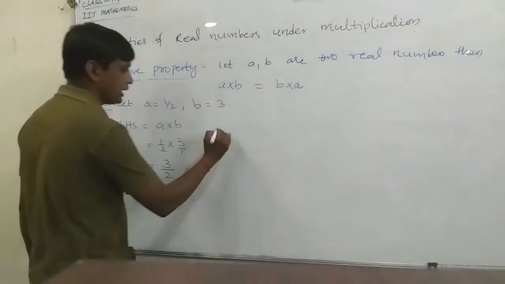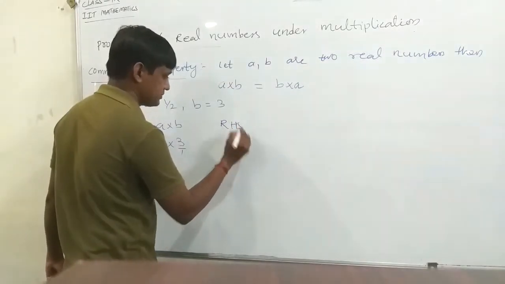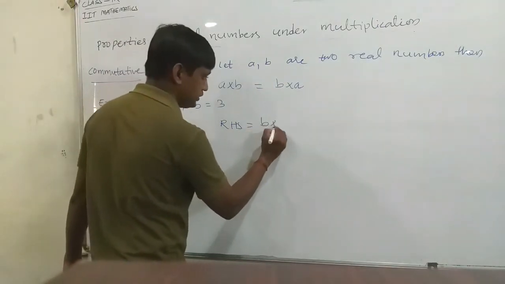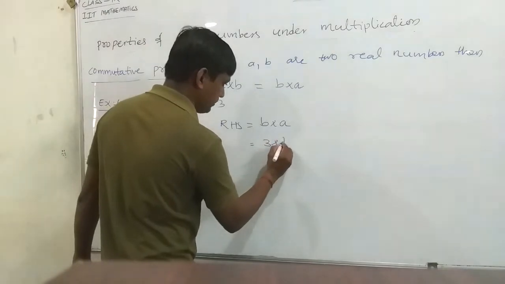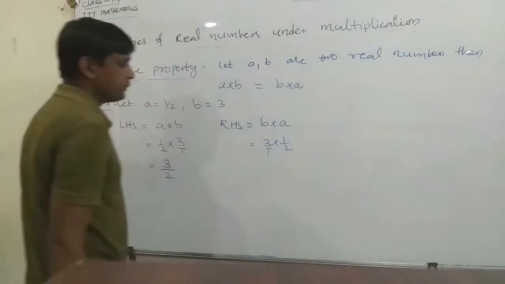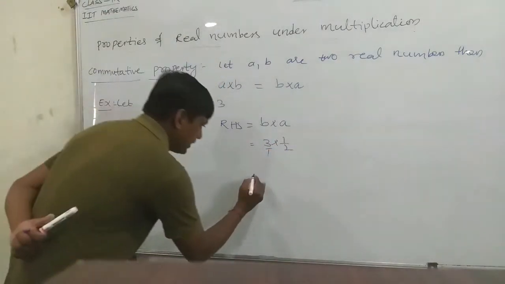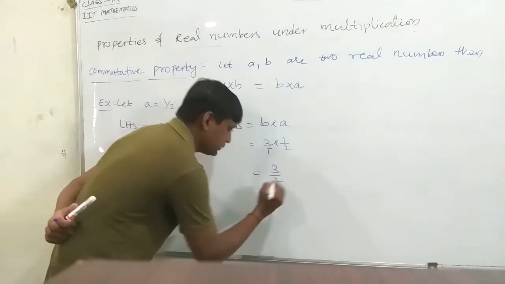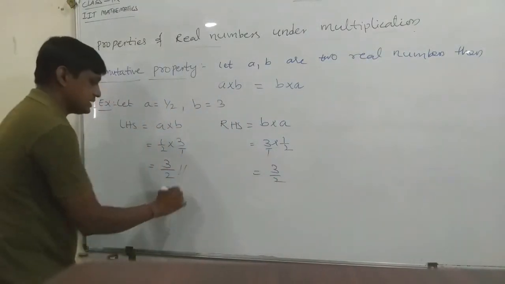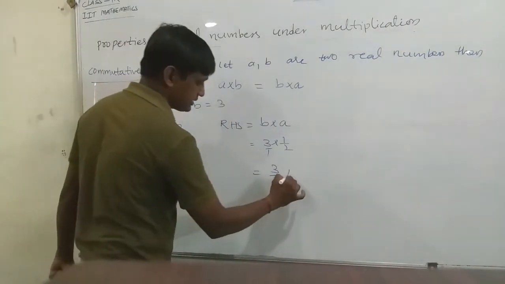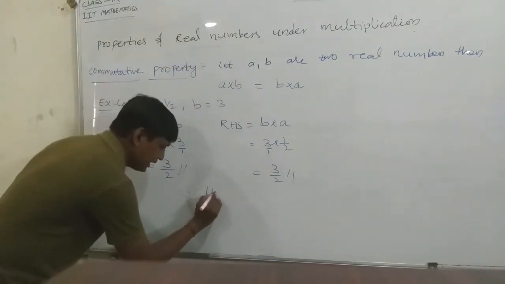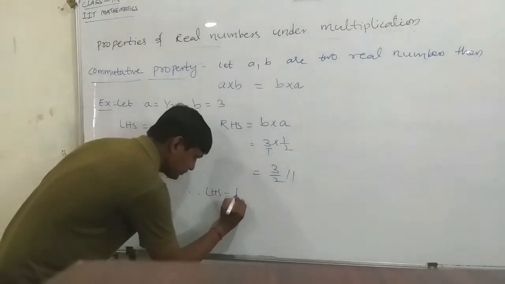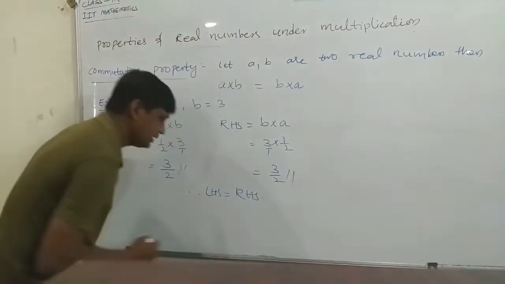In the same way, I am taking RHS. That's equal to b into a. B value is 3 into 1 by 2. Same, denominator is not there, I am taking 1 and I am multiplying. That's equal to 3 by 2. See here, first case LHS is equal to 3 by 2, and second case also RHS is equal to 3 by 2. So therefore, LHS is equal to RHS.